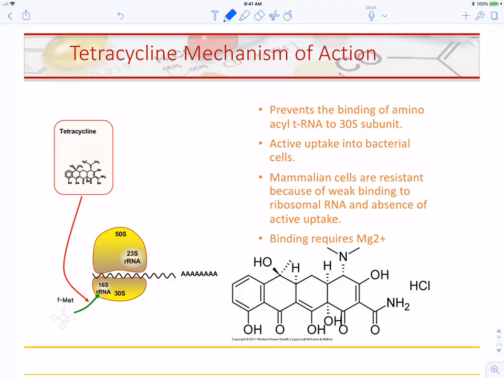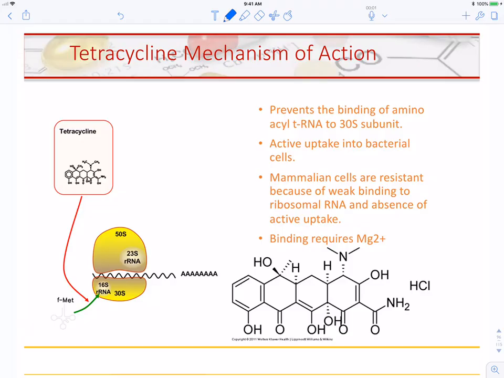And so when they were first used, a lot of children that were exposed to them would grow up to have stained enamel in the teeth, which is obviously an aesthetic problem, but it's still very serious. Because it is fluorescent, it can actually be observed in bone tissue for years after it has been taken. And the half-life correspondingly is pretty high, between 7 and 20 hours.